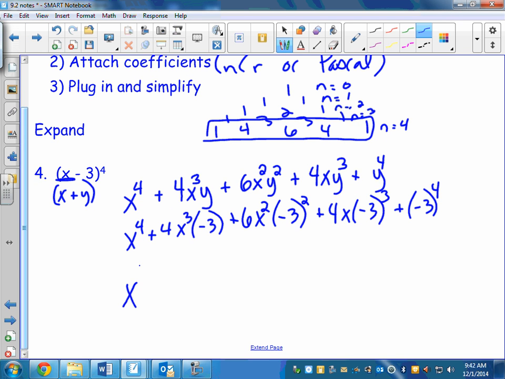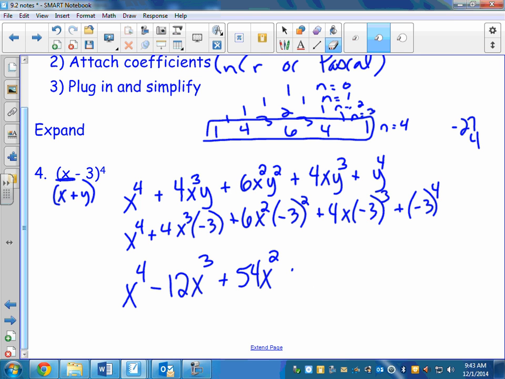I would get x to the 4th, 4 times -3 is -12, x to the 3rd, -3 squared is 9, times 6, 54x squared, -27 times 4, -108. And -3 to the 4th is 81, I think, right?